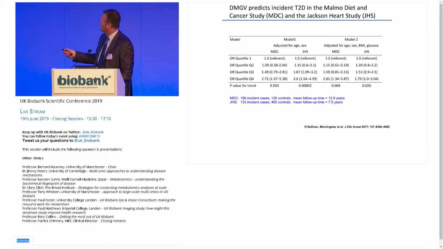Further, DMGV is also a strong predictor of type 2 diabetes. The Gen 3 cohort doesn't have many incident cases just yet, it's still relatively young. So we looked to the Malmo Diet and Cancer Study again, as well as the Jackson Heart Study. And DMGV, again, was associated with a 2 to 3-fold greater risk for type 2 diabetes.